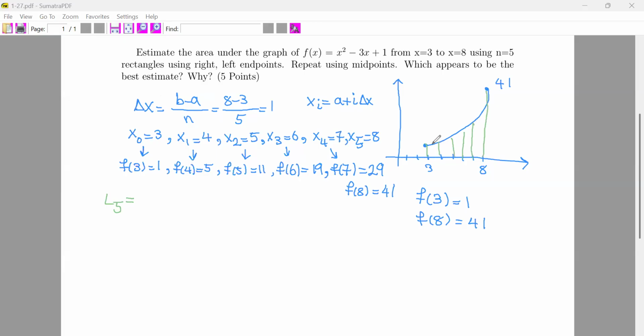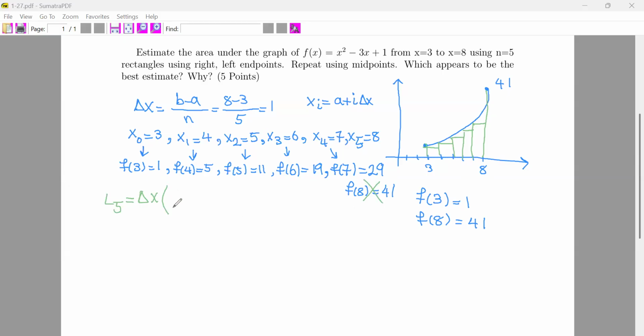When we are using left endpoints, we start from 3, then 4, all the way to not the last one, the previous one, which is 7. So we multiply delta x by all the f of x sub i's, but not the last one, because we're using left endpoints.